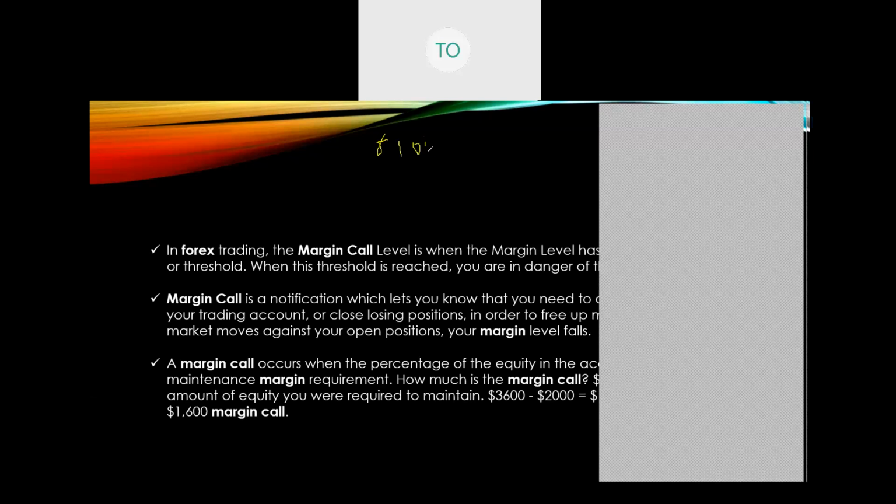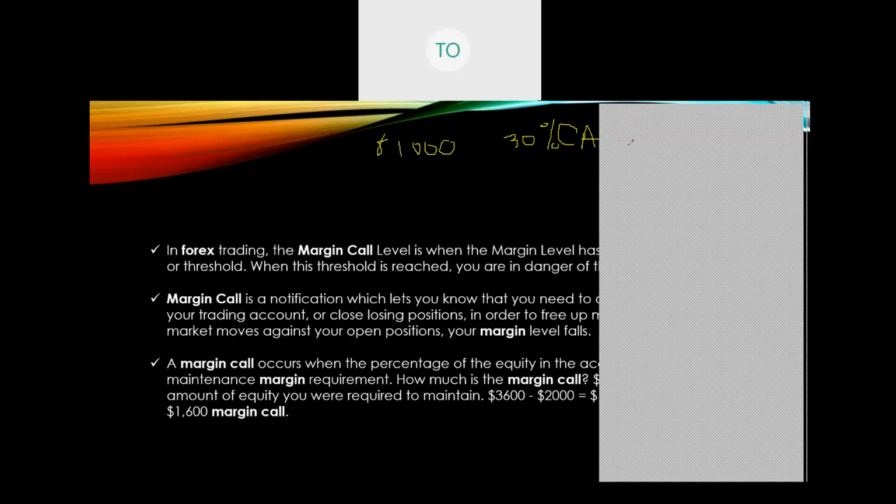And most of the systems have a stipulation that if you lose 30% of the account, or let's say it can be 30% of the capital, not 30% of the account, but 30% of the capital.